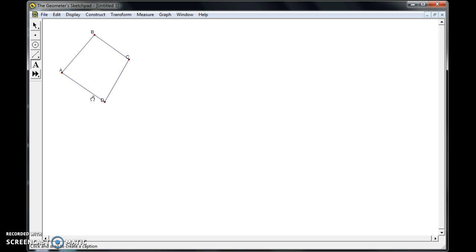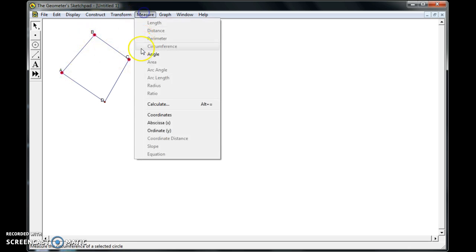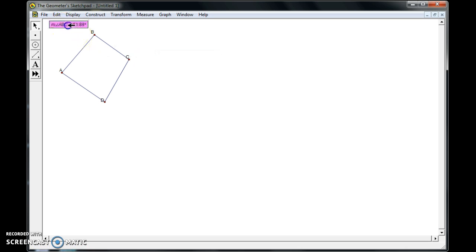And so letter A, they want us to find the measure of angle ABC. So A, B, C. If I calculate the angle measure here, it looks like I got 91.88 degrees. And that's this angle right here.